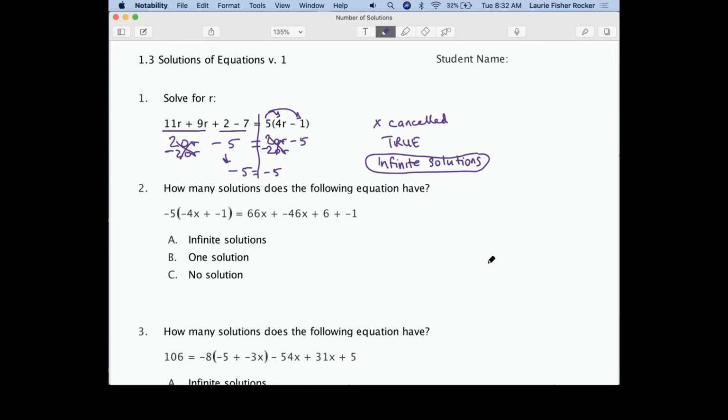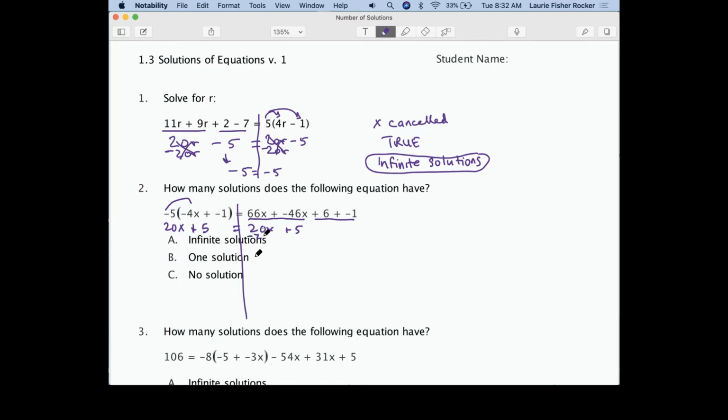Okay, so I distribute. So draw the river, distribute. 20x, negative times negative is positive 20x, plus negative times negative is positive 5. Okay, done on that side. So add like terms. That's going to be 20x, and that's going to be positive 5. Oh, now you should kind of start seeing a pattern.